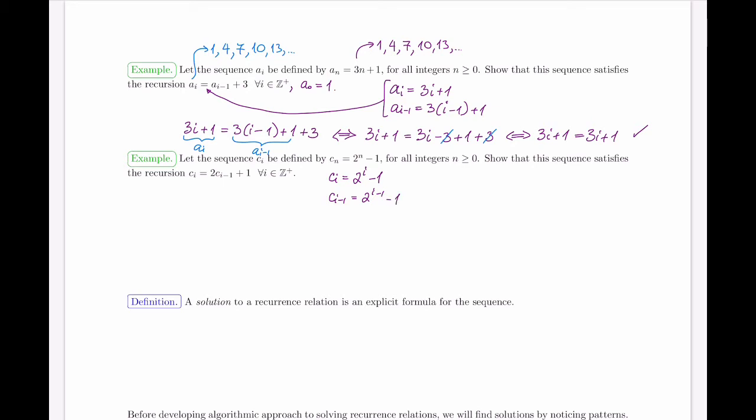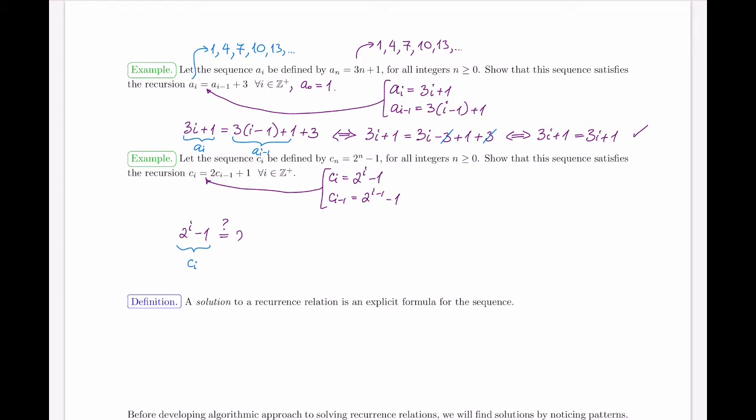Okay? Now, these are going to go into here. So the left-hand side is c_i, which is 2^i minus 1. Let me highlight the fact that this is just my c_i. And we are trying to check whether or not it's equal to 2 times c_{i-1} plus 1.